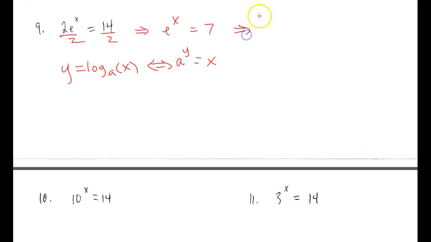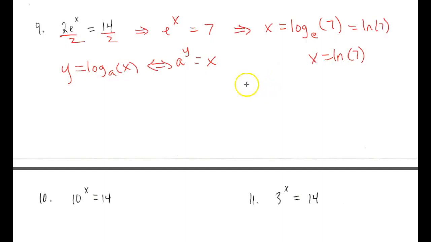So if we switch this around, this would be x equals log of, and the base is e, of 7, and of course log base e is just natural log of 7. So our answer here would be exactly natural log of 7.